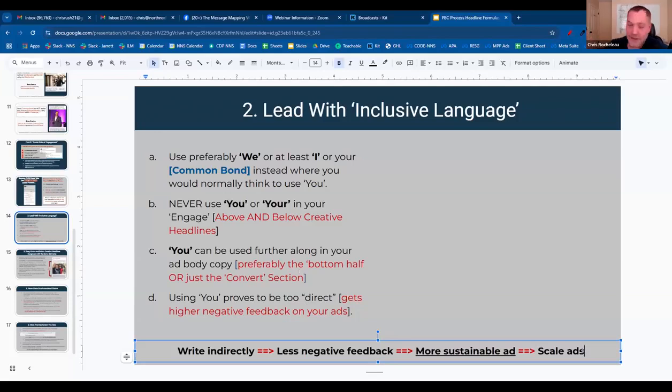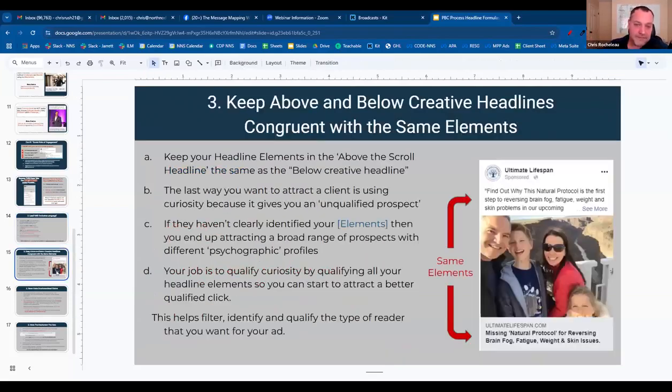Okay. All right. Next thing, keep the above and below creative headlines congruent with each other, right? Just like in one of the examples here, they're very similar. You're not changing out elements. You saw that with all of the other ads, right? Keep your above and below creative headlines as similar as possible.